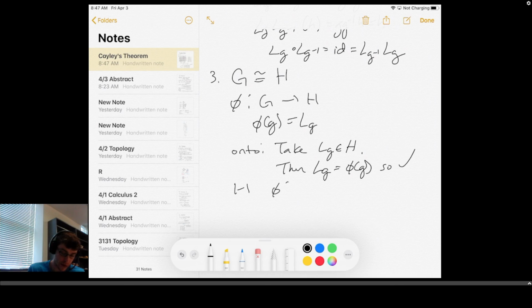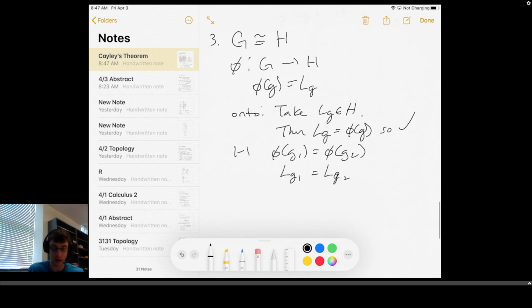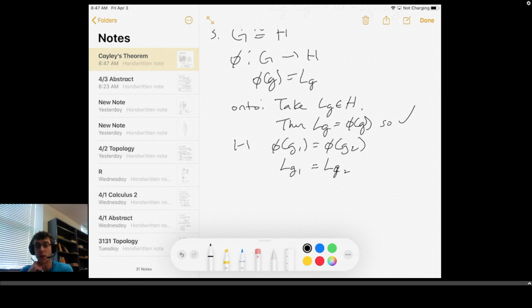Well, suppose phi of G1 equals phi of G2. Well, that means that L_{G1} is equal to L_{G2} as functions. Right, so if I say two functions are equal to each other, that means that no matter what input you give them, they have the same output, right? And so this means that L_{G1} of X is equal to L_{G2} of X for all X in G.